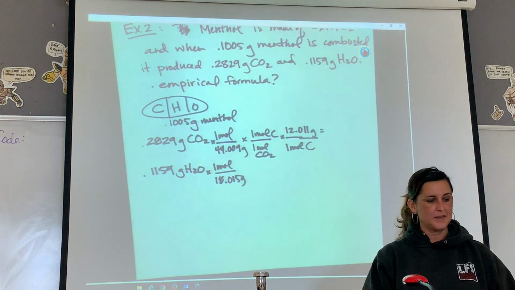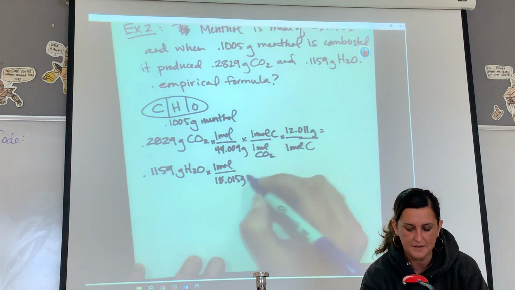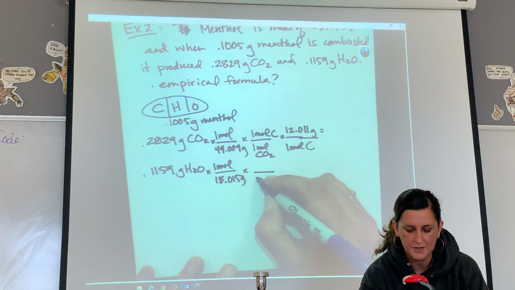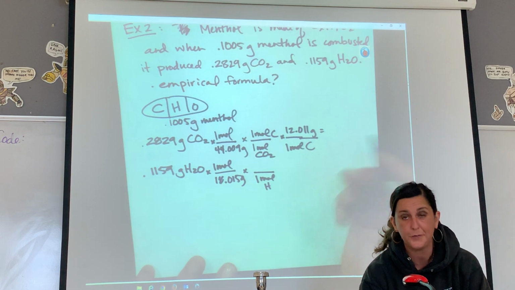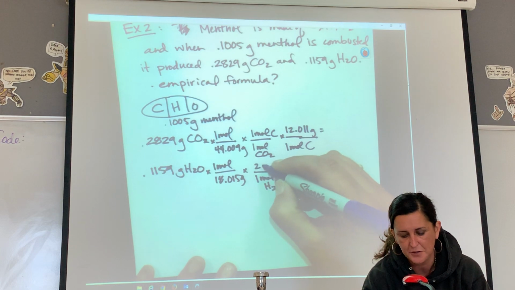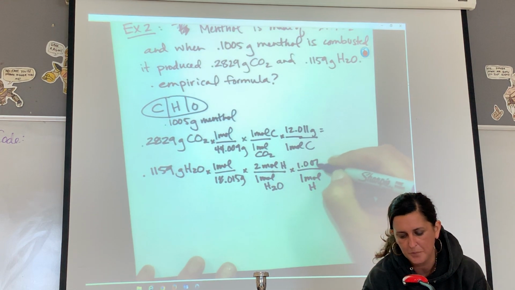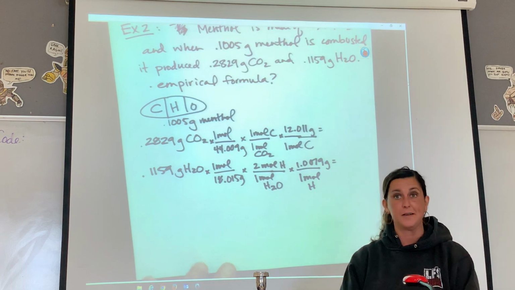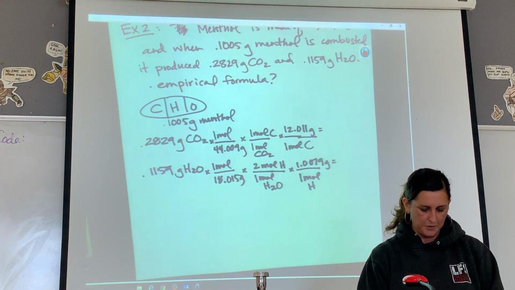So in this example, we're going all the way to grams of carbon in the carbon dioxide. We're going to do the same thing with the water to find the moles of hydrogen. So we know 1 mole of water is 2 moles of hydrogen, and 1 mole of hydrogen has a molar mass of 1.0079 grams.